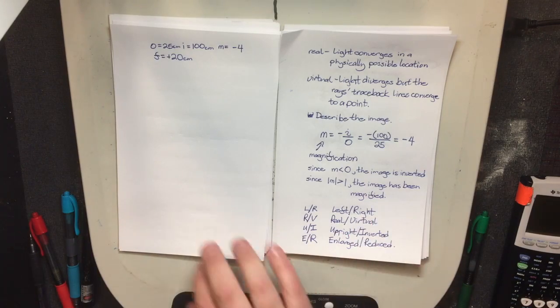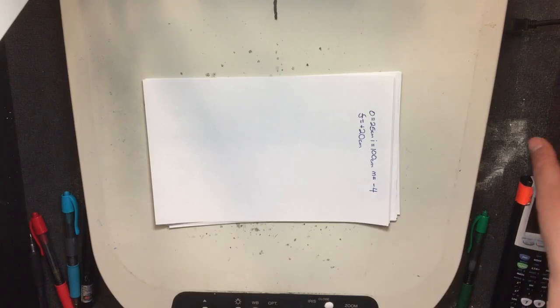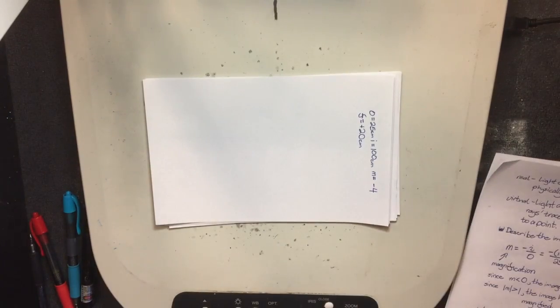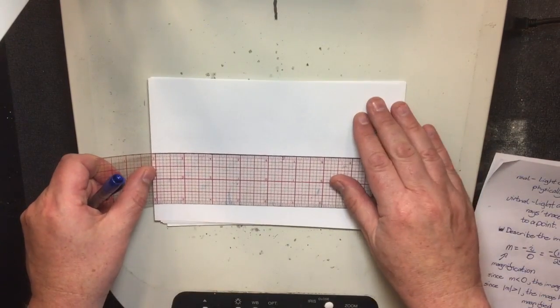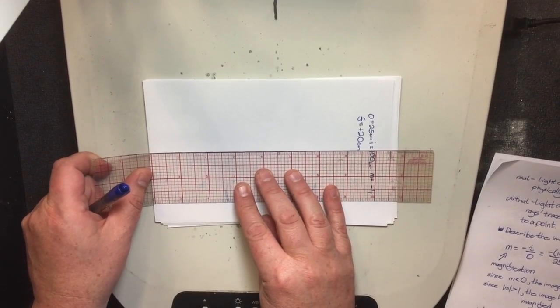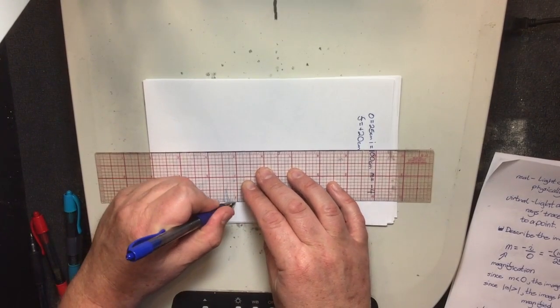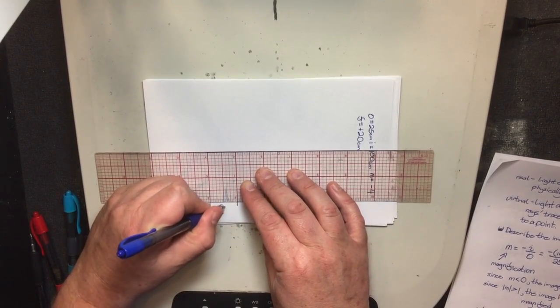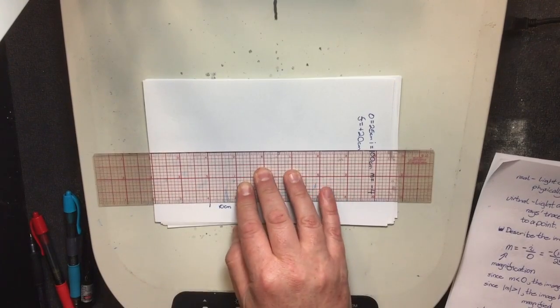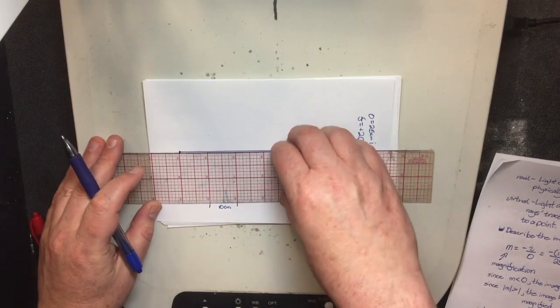So now that we've gotten all this written down, I'm going to shift this over, and we're going to draw a pretty picture and use my favorite ruler. In this case, I'm going to treat that and that as 10 centimeters. So you're going to have to pick a scale. This is my optical axis.